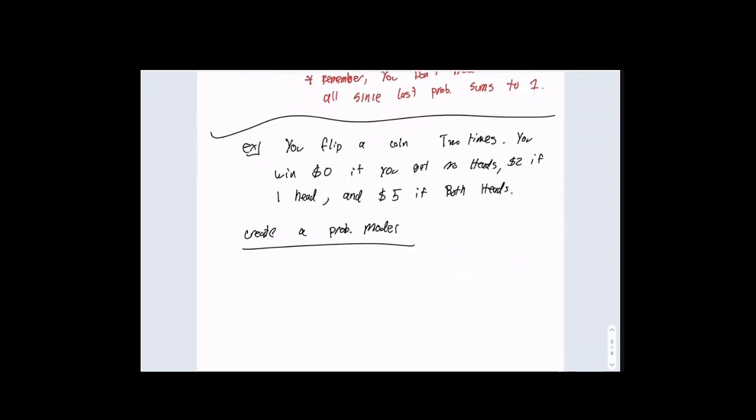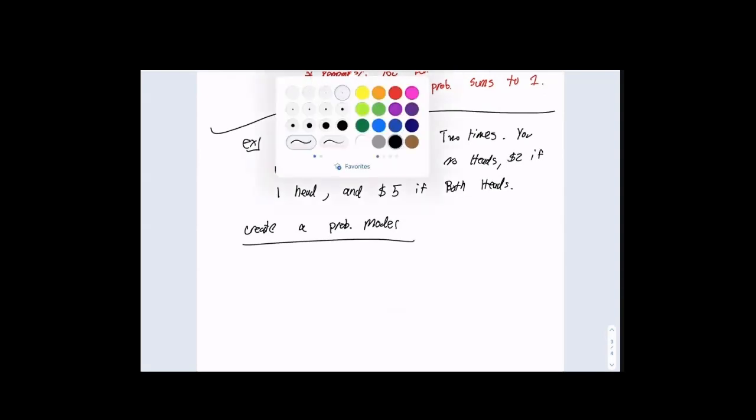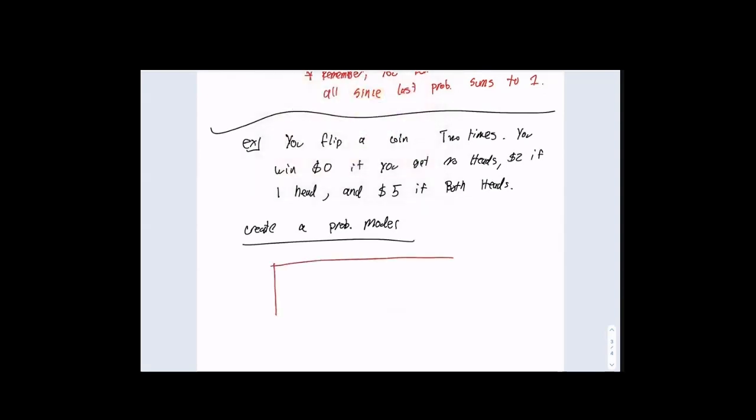Now, you will need sometimes space to make your calculations. So basically, when we're creating this probability model, we need to figure out what the outcomes are and what their probabilities are.